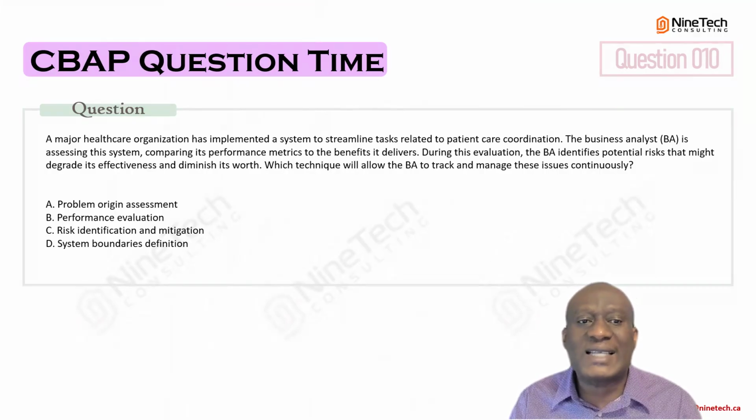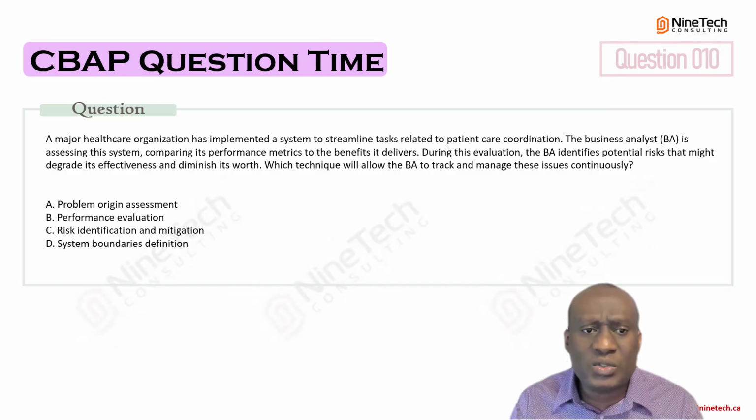The BA is assessing this system, comparing its performance metrics to the benefit it delivers. During the evaluation, the BA identifies potential risks that might degrade its effectiveness and diminish its work.